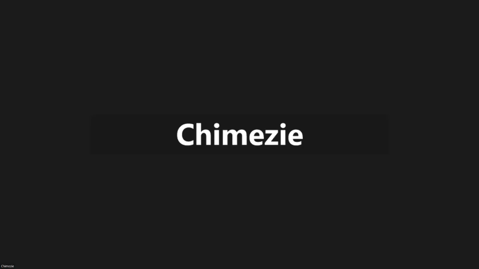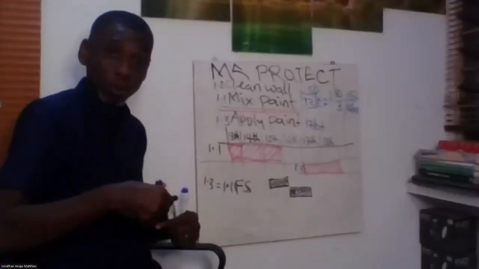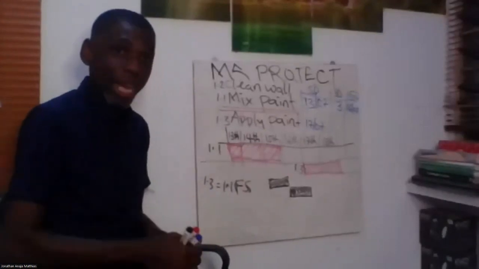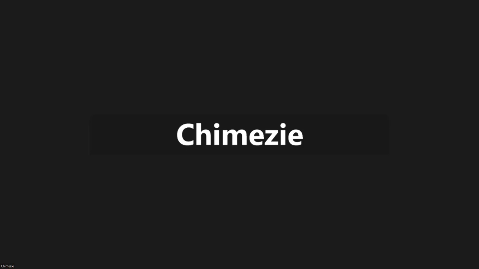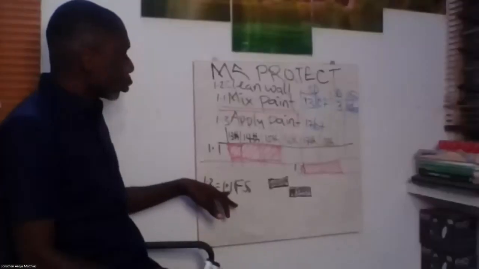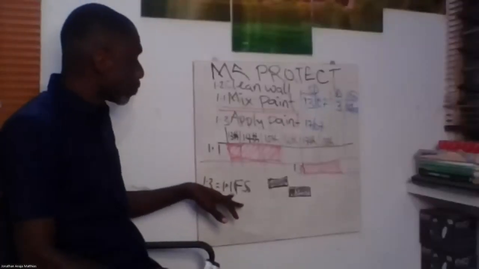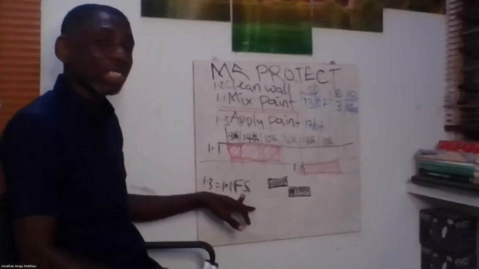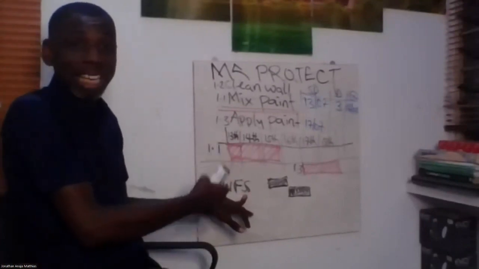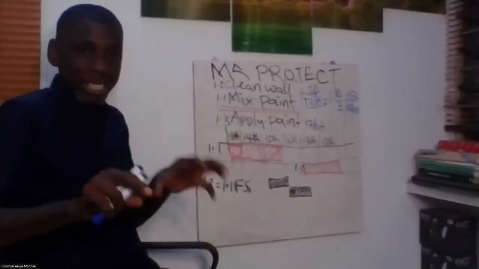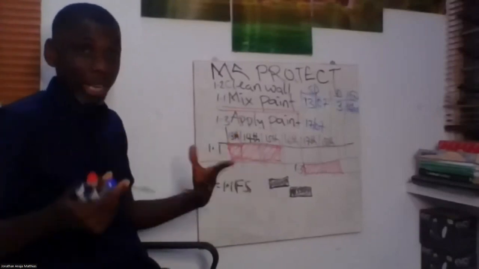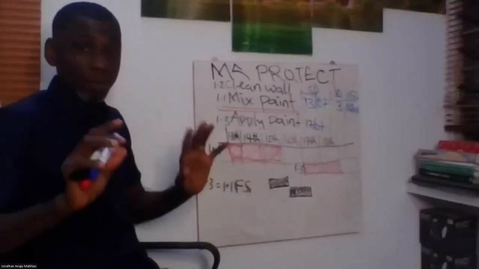I will now say 1.1 finish to start relationship. I am giving instruction to the software now. I'm telling the software, schedule apply paint to relate with mix paint in a finish to start relationship. Once you type FS, the software understands it and calculates for you. That's how the software is programmed.